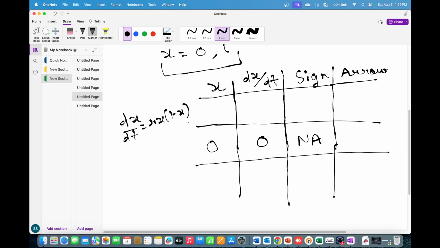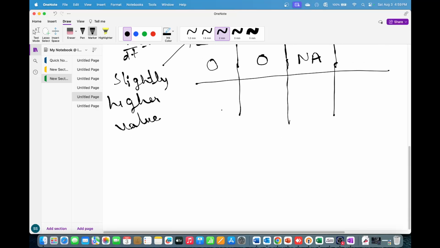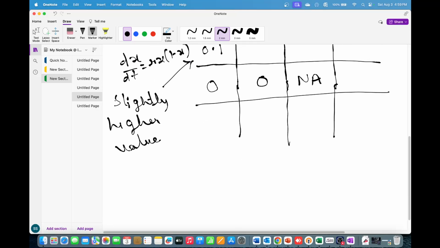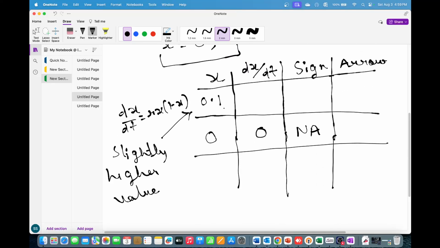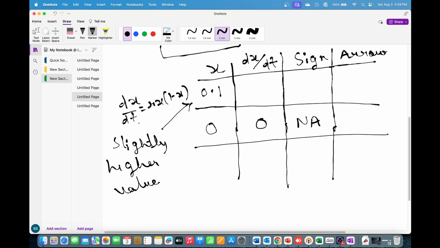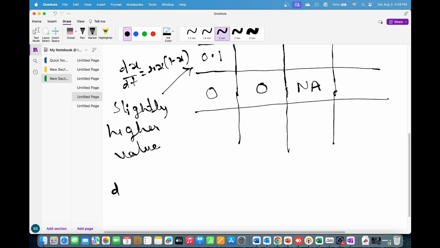Now we'll take here a slightly higher value than your steady state. So let's assume this to be 0.1. From 0 we have moved to 0.1. Now what is the value of dx dt at 0.1? If you put 0.1 here, say you assume r equal to 1 as well, for simplicity.